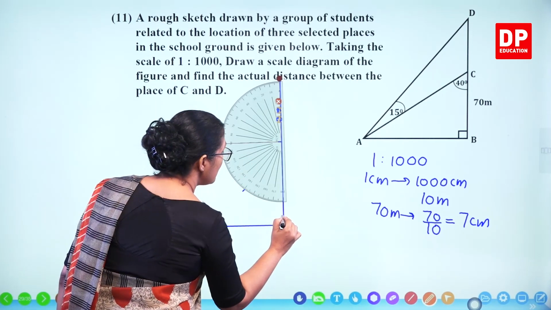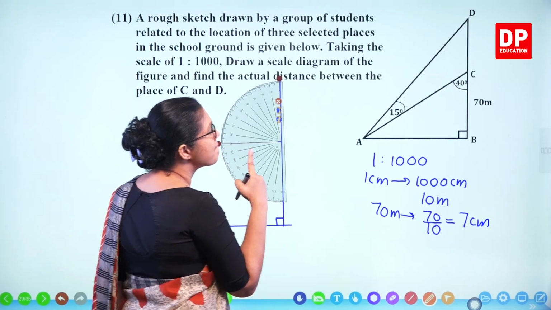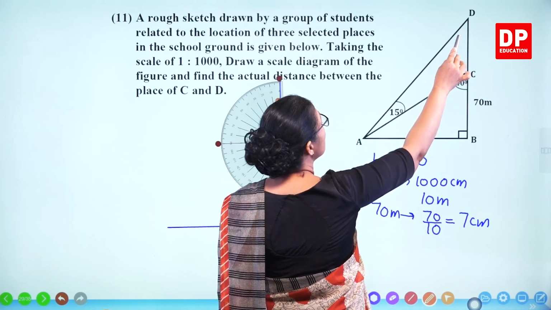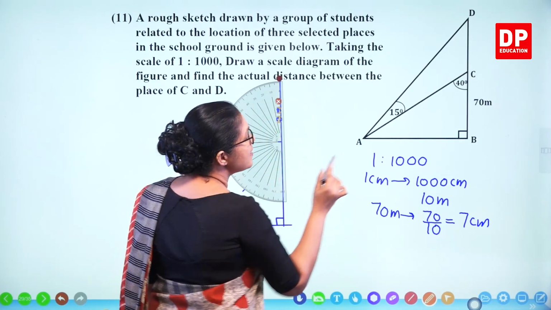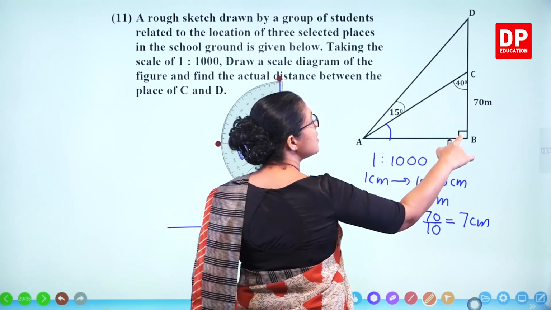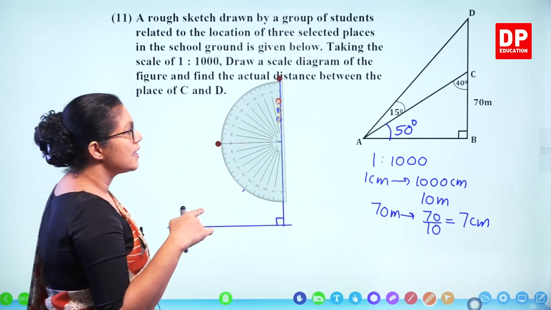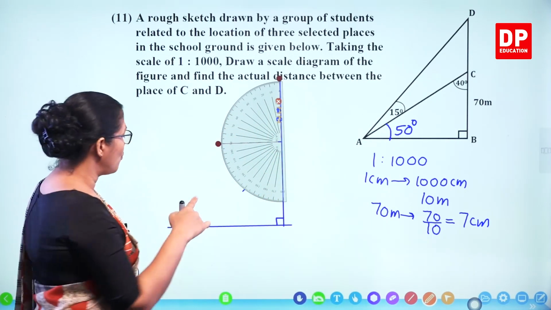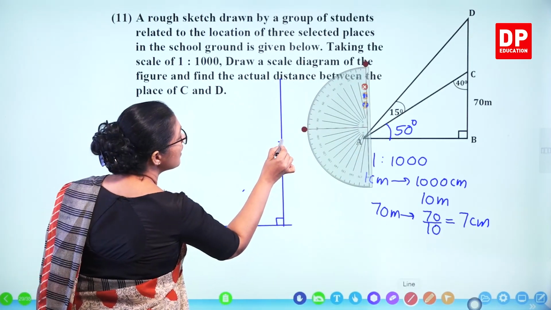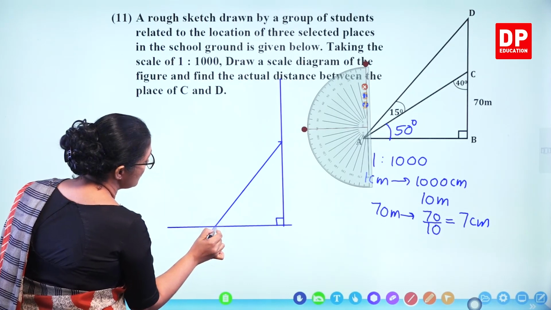And we know this is 90 degrees. And what else do we need? Can we draw this line now? What is this angle? If this is 40 and this is 90, so this is 50 degrees. So 50 plus 15, 65. So you can measure 65, but we need to first draw the line here. So connect this point with this one, so you get this one.